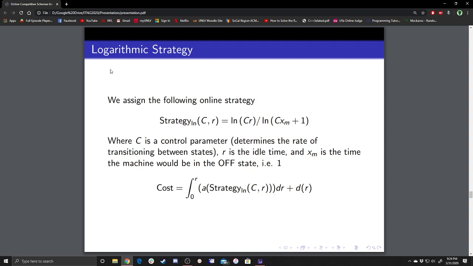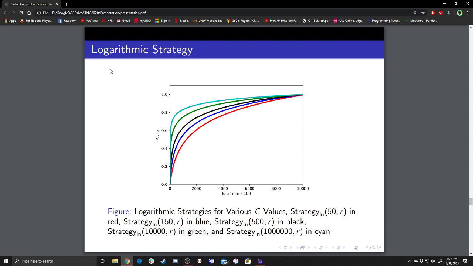So let's go ahead and look at a few different strategies. We have these strategies pictured here, with a bunch of C values. It tells us how the machine will switch from a high power state to a low power state. When we have a very big C value, this big number over here, this cyan curve models that strategy, which means it will power down from a high to low power state very quickly at the beginning, and at the end it will slowly transition down to the off state.